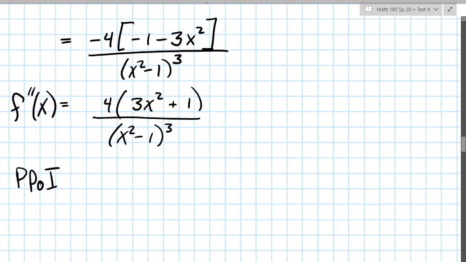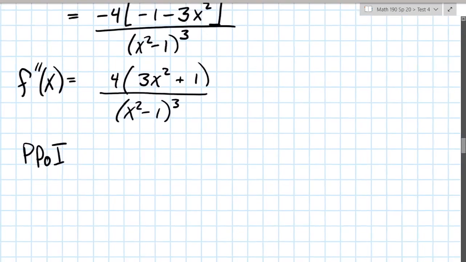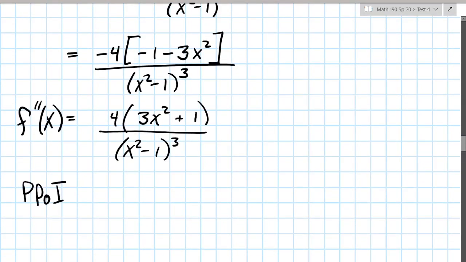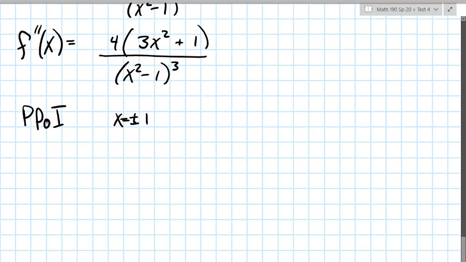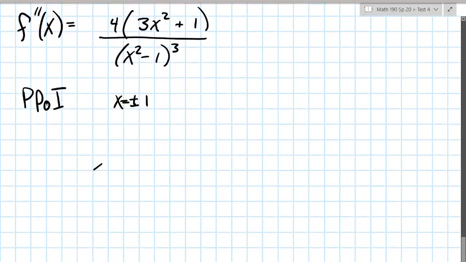So the numerator will not give us anything new. We can set the denominator equal to 0, and we end up with plus or minus 1, which again should not be a surprise since that's where the function was undefined to begin with.